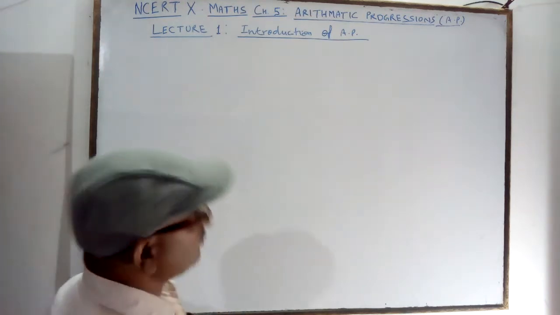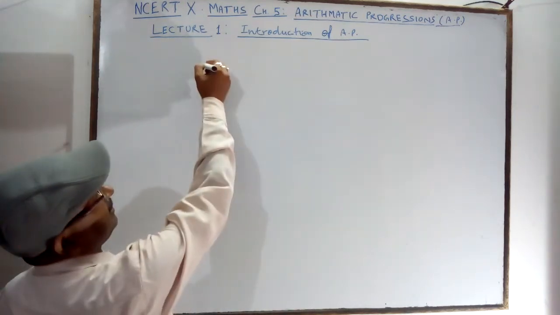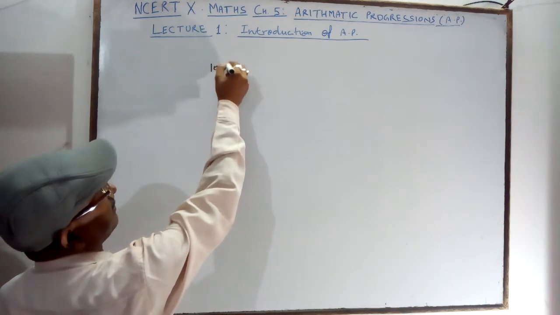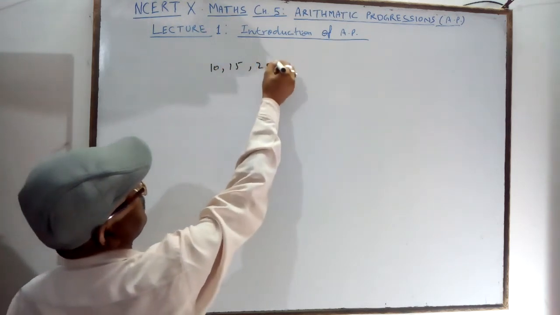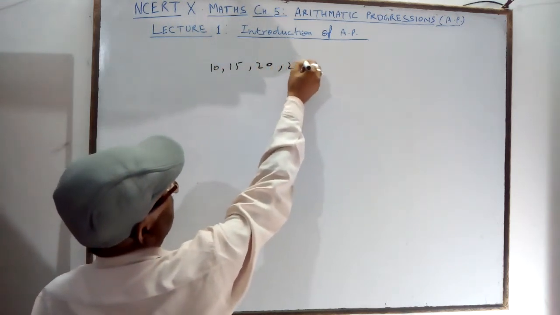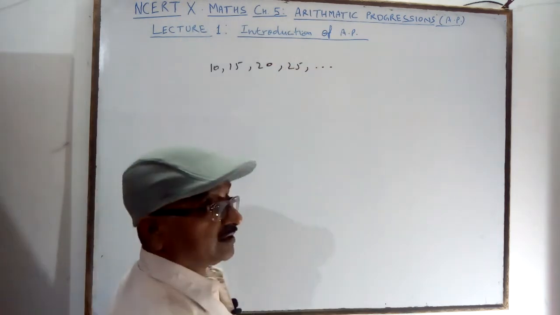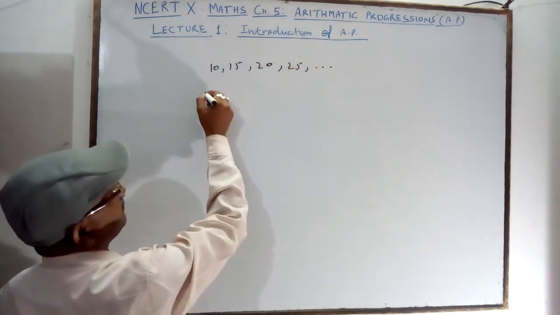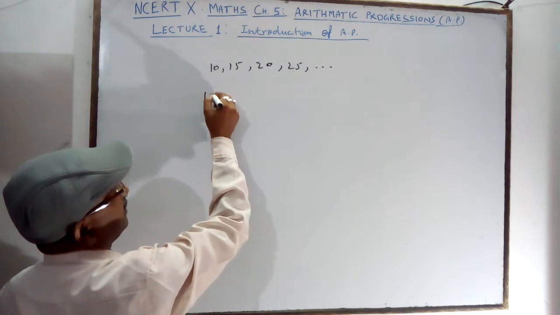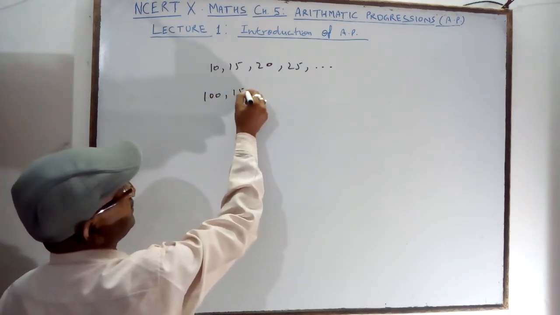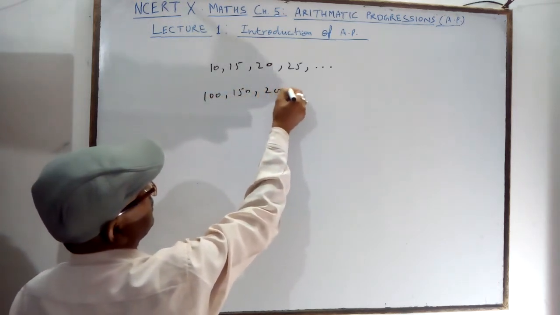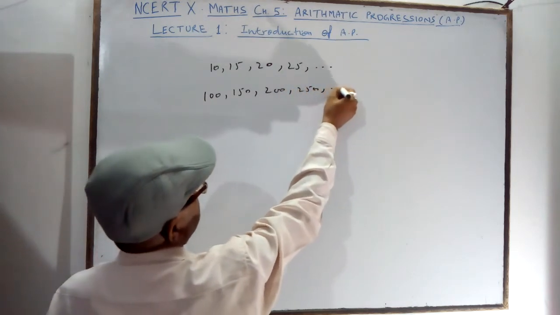We know the formula. Any numbers are given like this: 10, 15, 20, 25, and so on. Some numbers are given: 100, 150, 200, 250, dot dot.